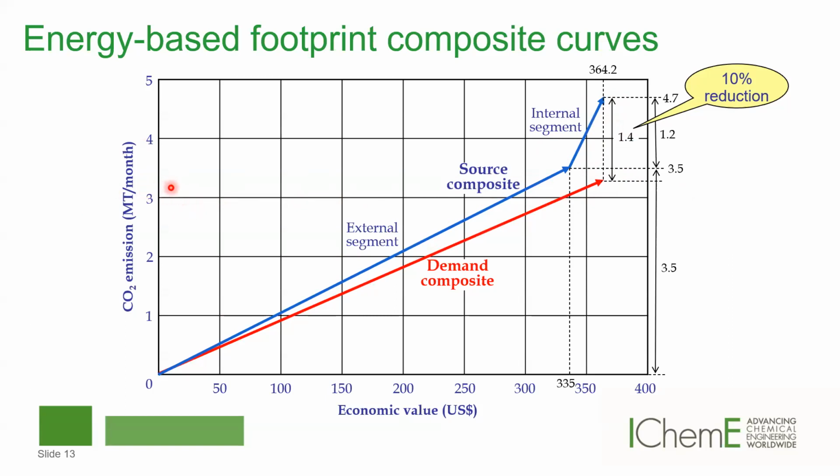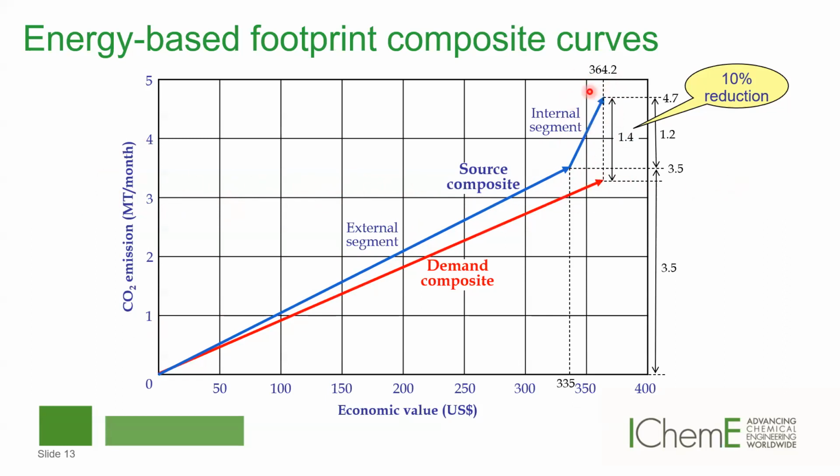Okay? Again, bakit? Kasi based on our target, hanggang dito lang dapat yung sa horizontal line na to, yung carbon intensity natin. However, current state ng source composite curve, above siya nitong horizontal line.